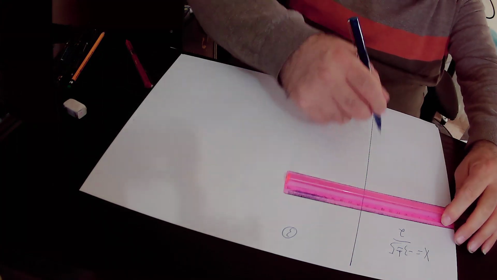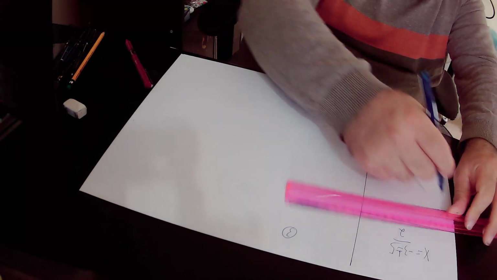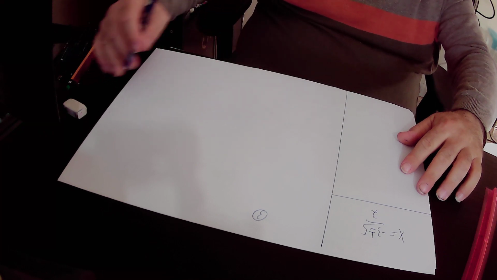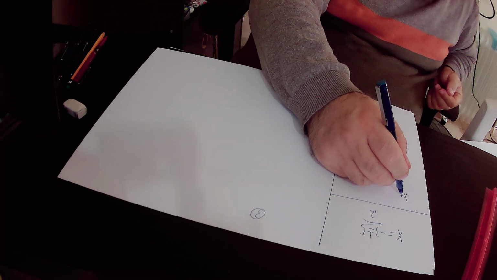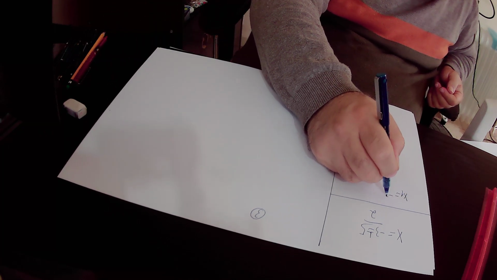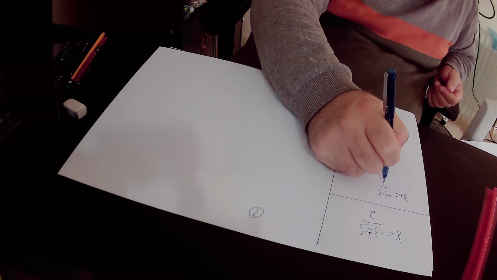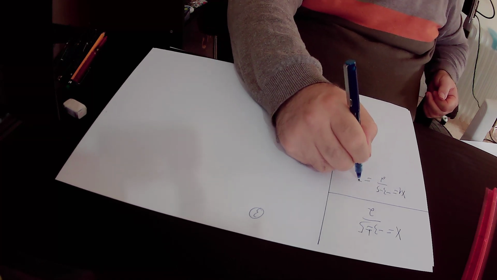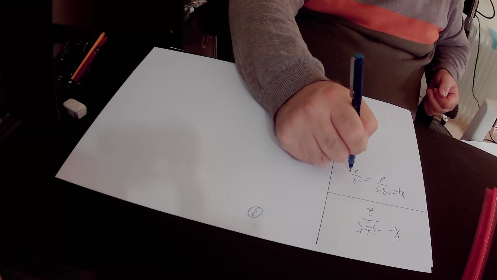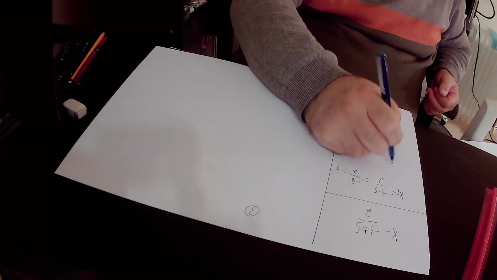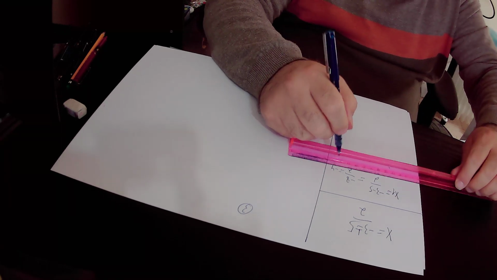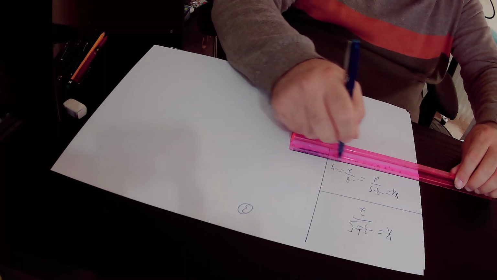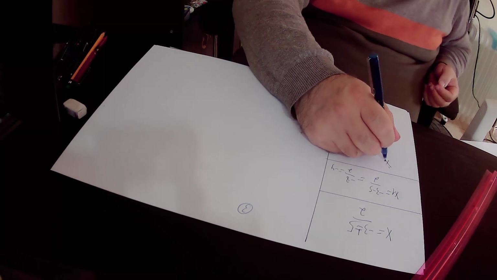The first solution is x1 equals minus 3 minus 5 over 2. Minus 3 minus 5 is minus 8, and minus 8 over 2 is minus 4. So the first solution for x is x1 equals minus 4.